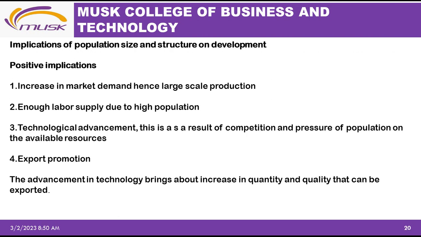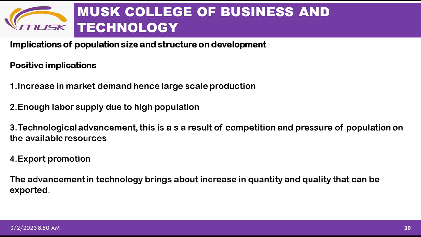Now, implications of population size and structure on development. What are the positive implications? Number one, when the population is growing, we end up increasing the market demand for products. The other one, there will be enough supply of labor due to the high population. The other one is technological advancement.